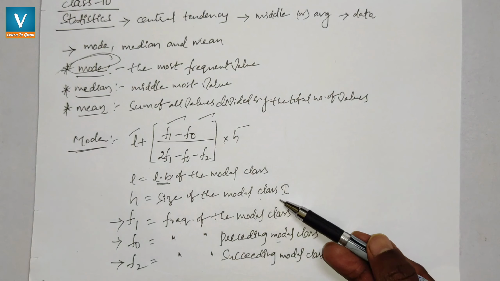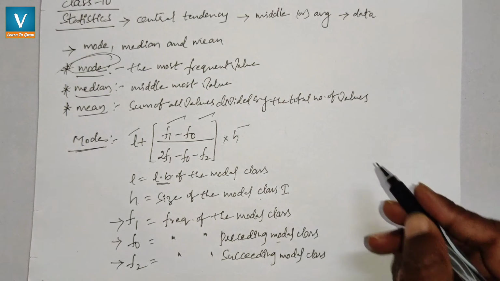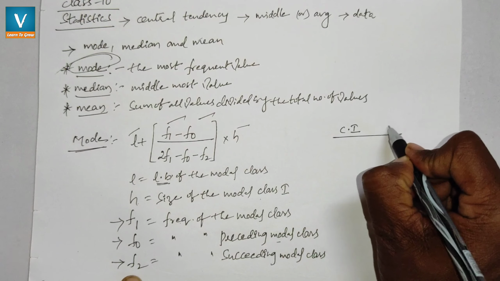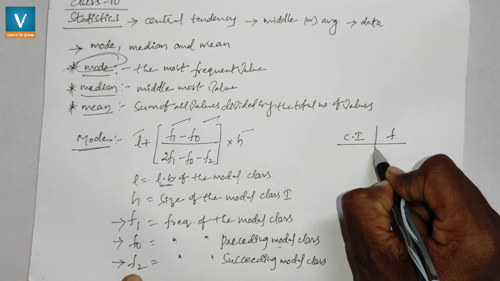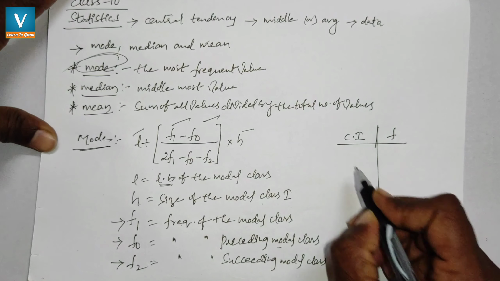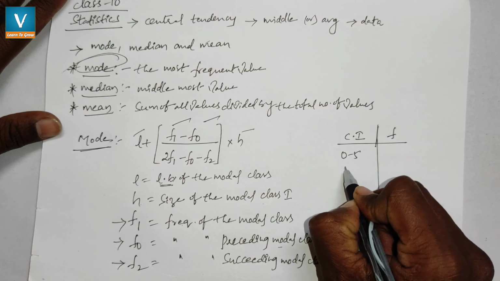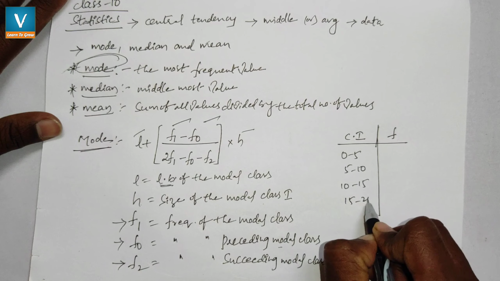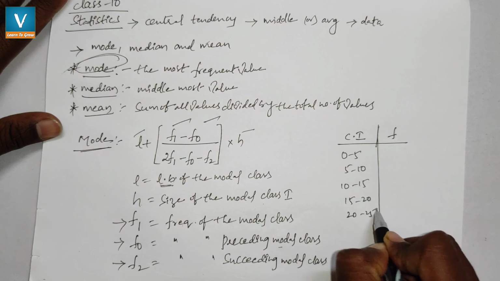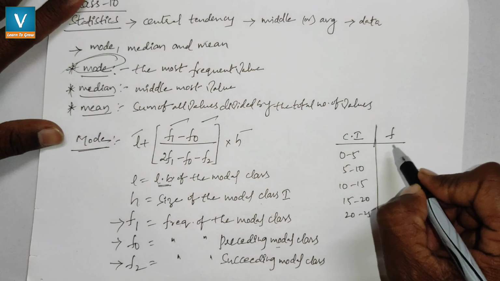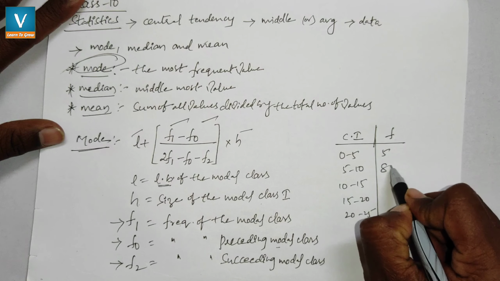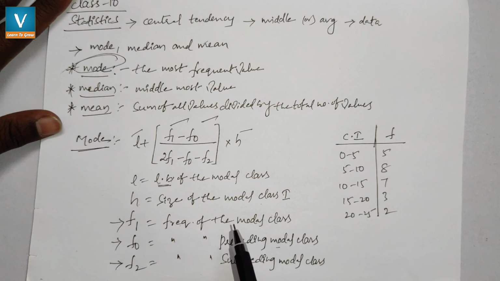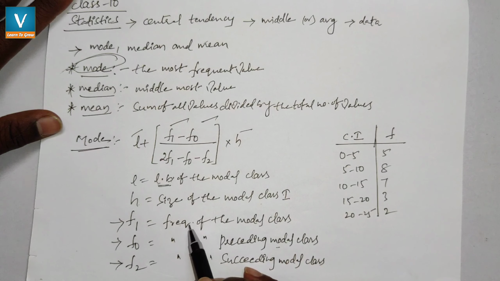By observing one example we'll understand this. Suppose I take class intervals 0 to 5, 5 to 10, 10 to 15, 15 to 20, 20 to 25, and frequencies 5, 8, 7, 3, 2. First we compare to find the highest frequency.